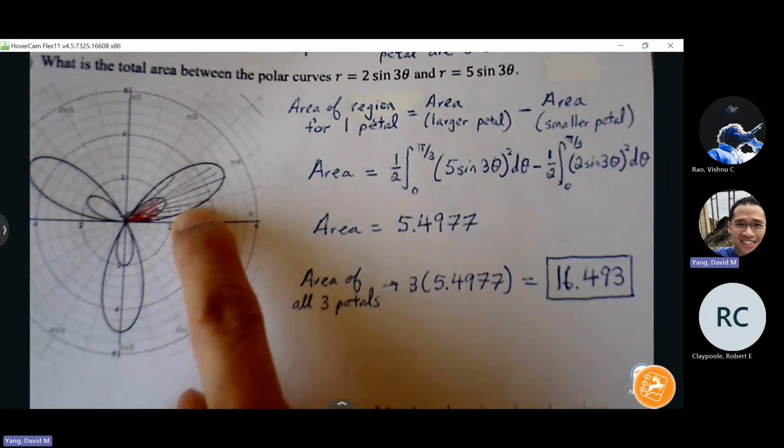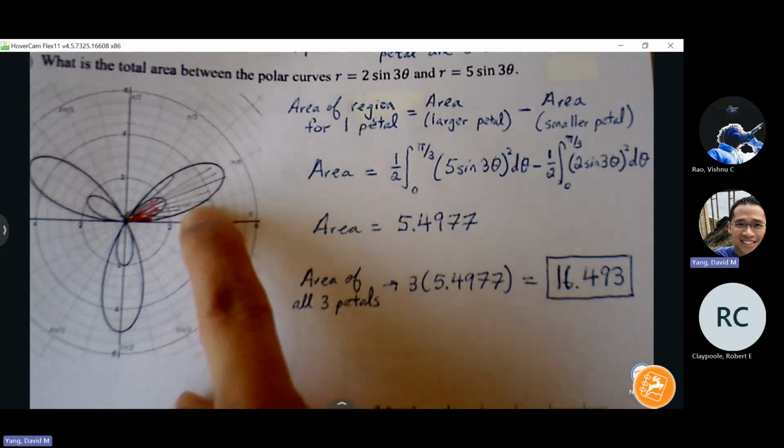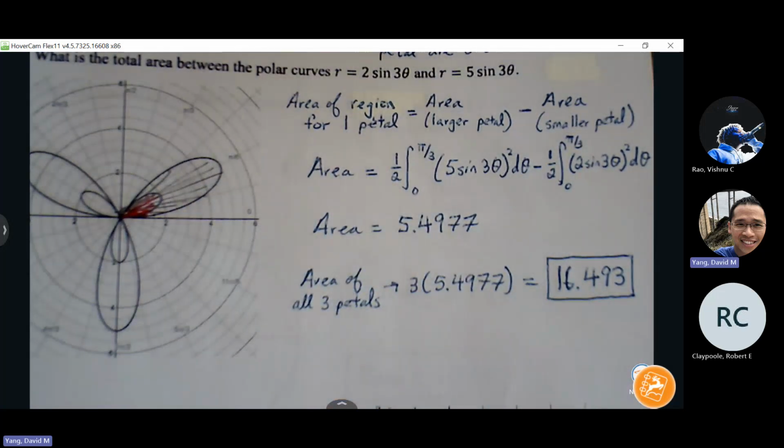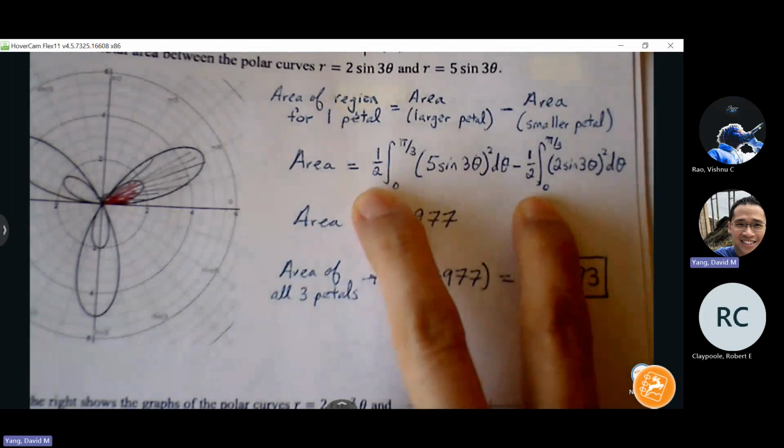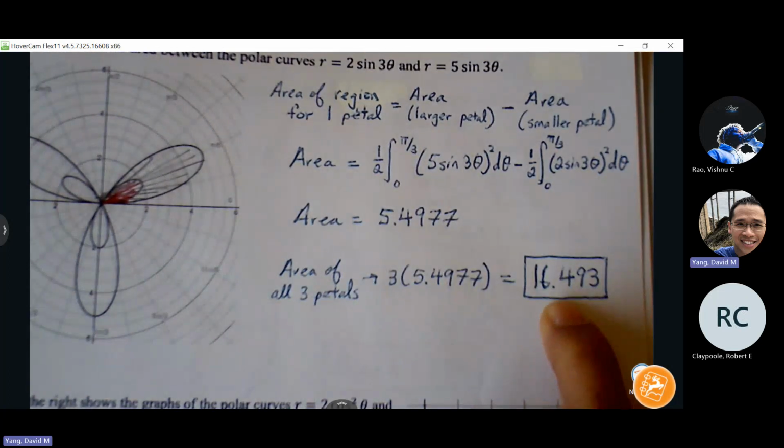I like to do it this way especially if something feels more complicated, when there's a bunch of switches between graphs. Rather than do that throughout multiple quadrants, I just do the smallest region possible and then multiply it by however much. You should test it and try it out, and we should get the same answer.